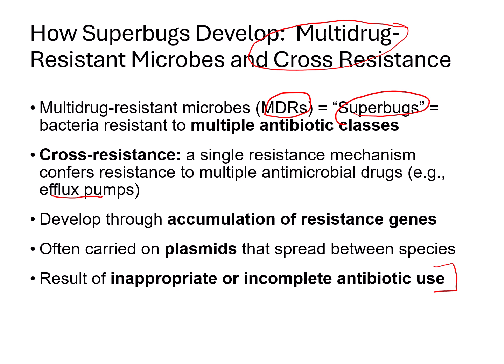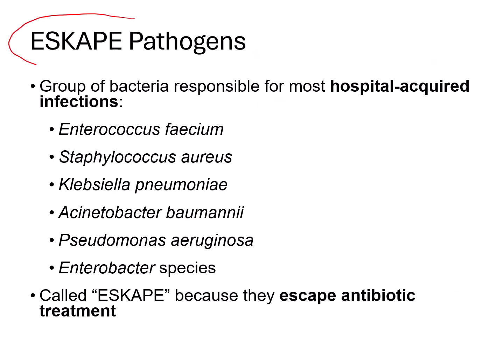Inappropriate antibiotic use can also accelerate this process. The ESCAPE pathogens are the key hospital superbugs that escape antibiotic treatment, and these include Enterococcus faecium, Staphylococcus aureus, Klebsiella pneumoniae, Acinetobacter baumannii, Pseudomonas aeruginosa, and different Enterobacter species.